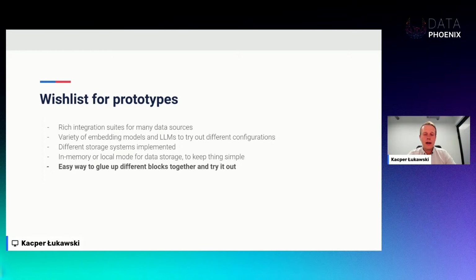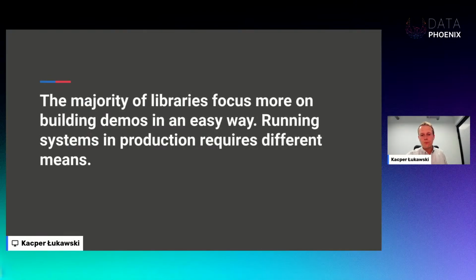And the most important part is that you need an easy way to glue this all up. So you really want to keep things simple, and that's where those libraries are really useful. So LangChain, LlamaIndex, as well as Haystack, provide you with this easy way of implementing those demos.